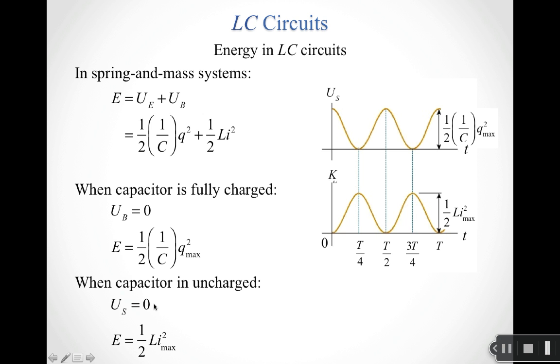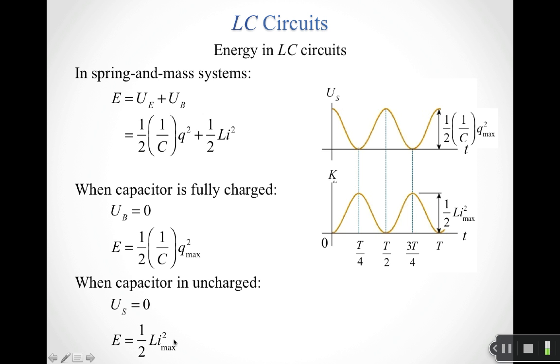Now, at the moment that the capacitor is uncharged, there's no electric potential energy on the capacitor. And so all the energy is now in the magnetic field, so the total energy has got to be equal to 1/2 L, the inductance, times the maximum current flowing through the circuit squared.